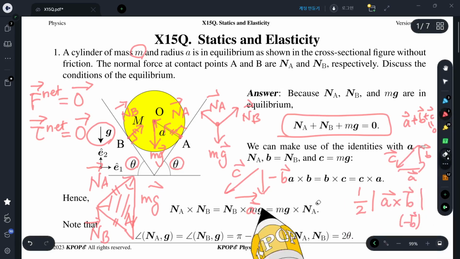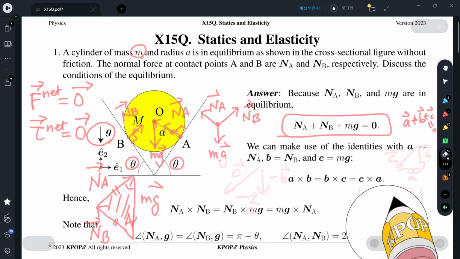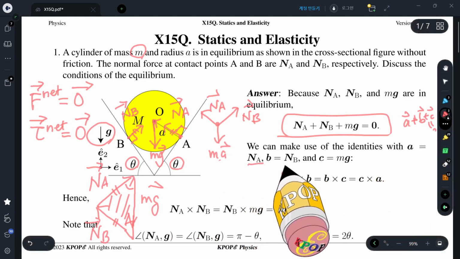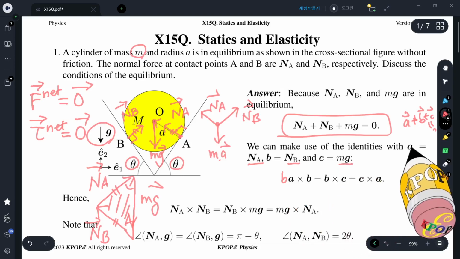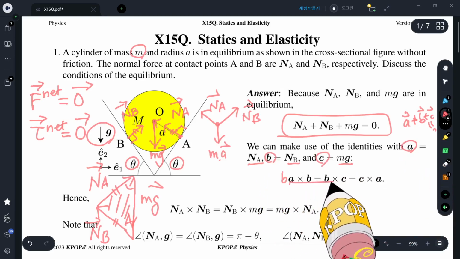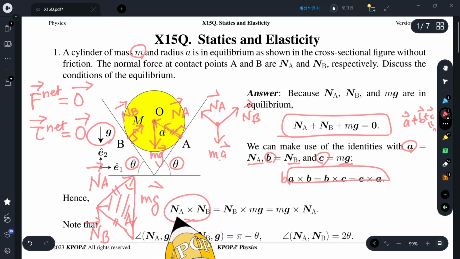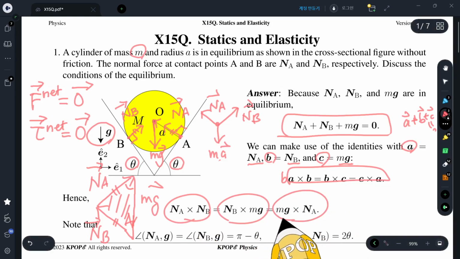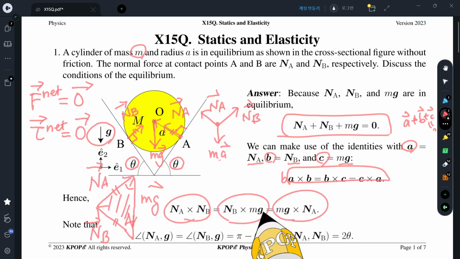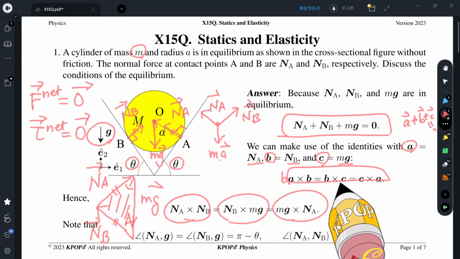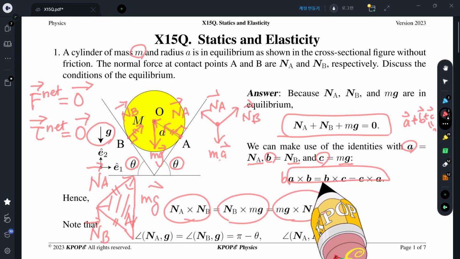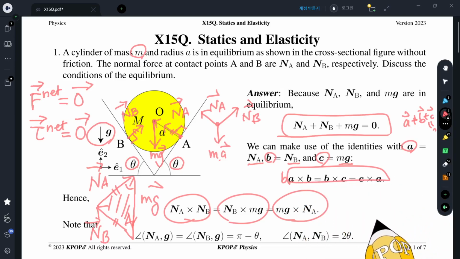Okay. So using these relations, substituting NA, NB, and mg for A, B, and C, we find that the cross products AB, BC, CA must be the same. So they are the same even in the case where the sign is also okay.